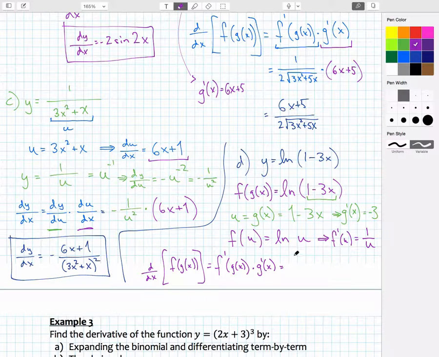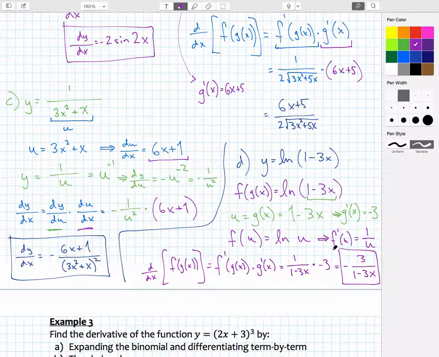So this is going to be 1 over 1 minus 3x multiplied by the derivative of g of x, which we saw here was just negative 3. And so this really just becomes negative 3 over 1 minus 3x. And that is our derivative.